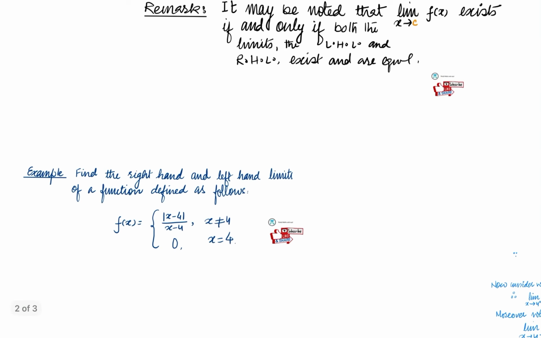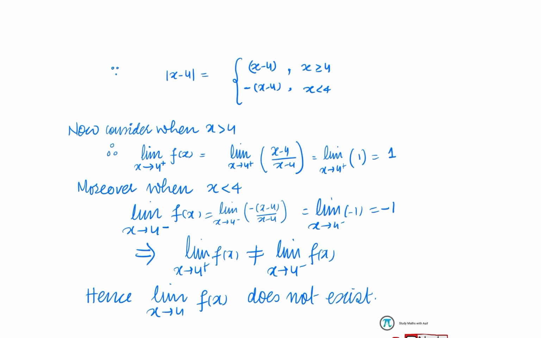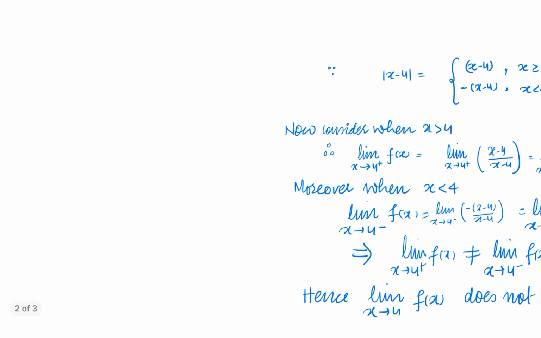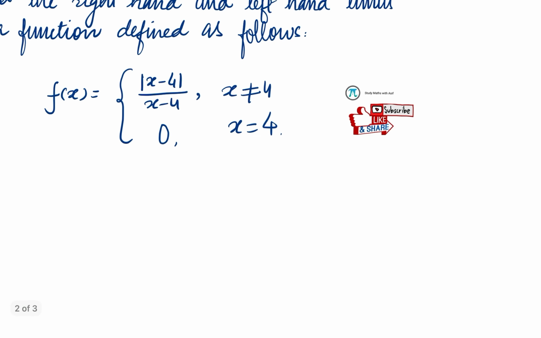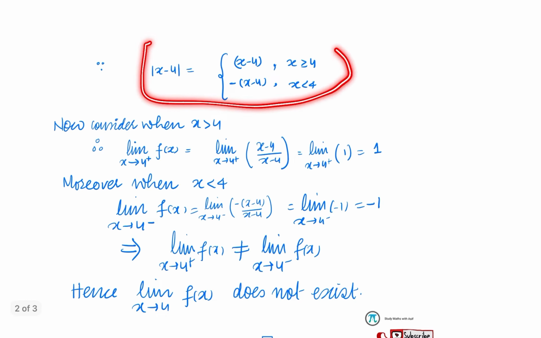Now for the solution, I need to define this modulus function, because without the modulus function you cannot talk specifically about the behavior of this function. So when you write this in terms of the modulus function, it gives this result.